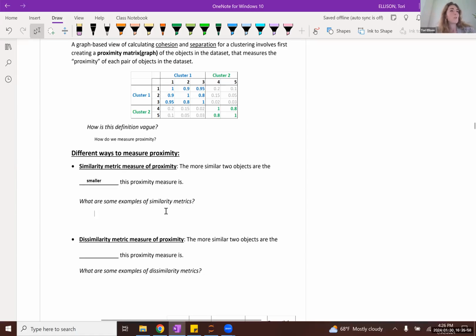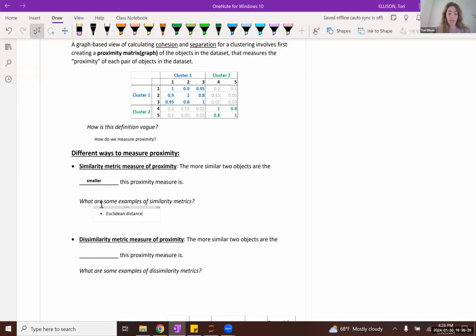So what would be an example of a similarity metric defining proximity? So in other words, the smaller this metric is between 2 points, the more similar those 2 points are. Yep, exactly. So the first thing that jumps out is simply Euclidean distance.